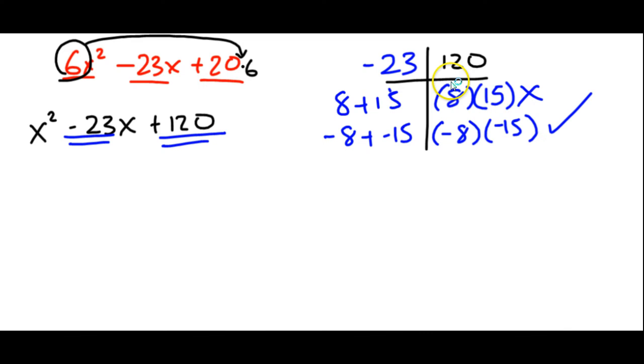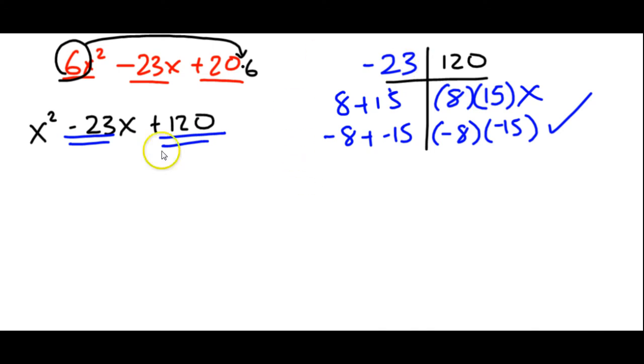I know I did this quickly, but you're going to have to basically guess and check: guess what two numbers multiply to 120 and also add up to negative 23. It's going to take you a while. Maybe sometimes you'll get it quickly, but sometimes not.